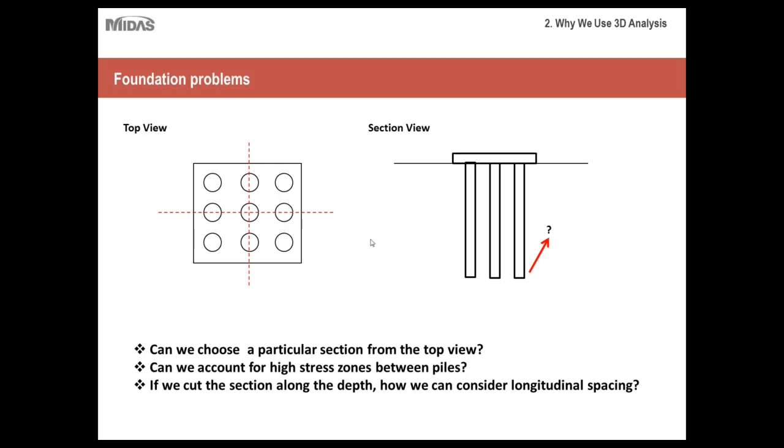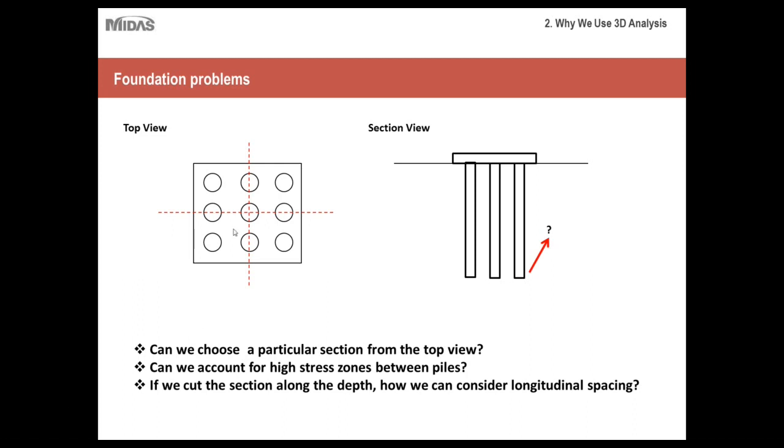So for example, lateral displacement or longitudinal spacing, that can be accounted for in 2D analysis. So if you were to take a cut along this axis or this axis, although the geometry itself is symmetric, the longitudinal spacing may not be. And also, if you'll remember from our first lecture, there are actually areas of high strain or high stress.